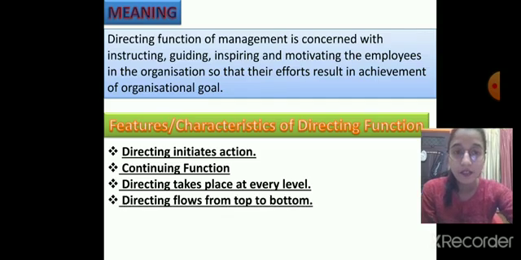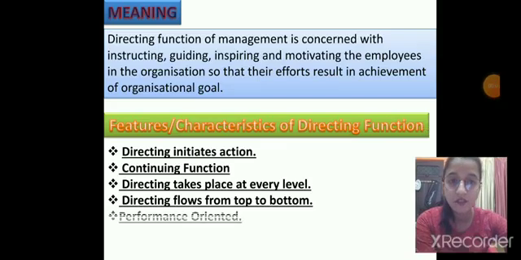Next is directing flows from top to bottom, as directions are given by managers to their subordinates. So it flows from top to bottom. Next is performance oriented. So directing function is totally performance oriented. The main motive of directing function is to bring efficiency in performance. Now performance here means the performance of the employees towards the achievement of organizational goal.